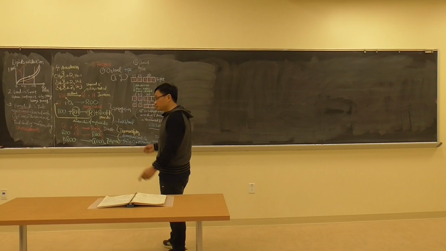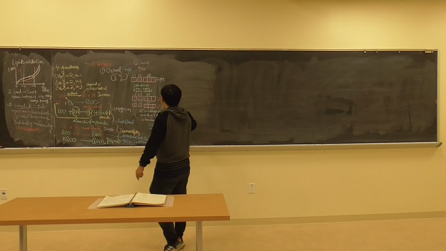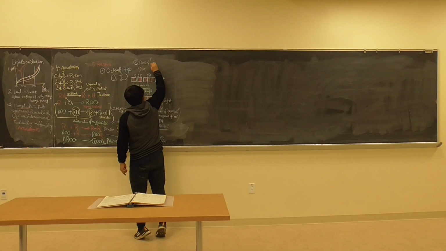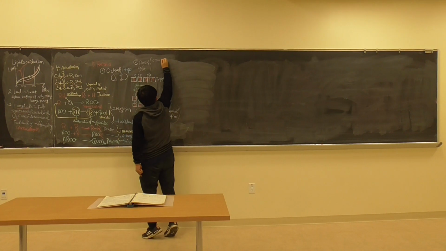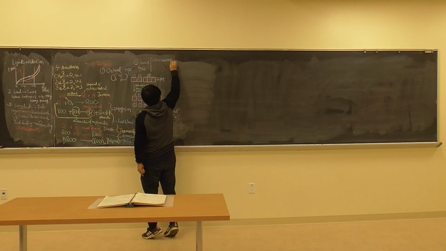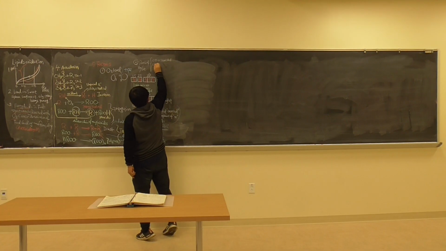So we can go back to review what we talked about. We talked already about C18:0, that is stearic acid. We talk about C18:1, that's oleic acid.